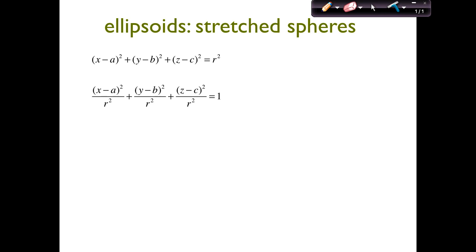Yeah, change these r's per the x, y, or z component. That would stretch or smush it. So we're going to allow different radii on each axis, I shouldn't say on each axis, but in parallel to each axis.